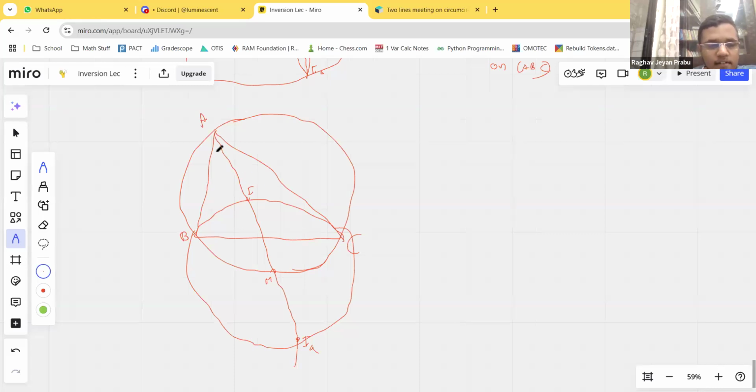So since we are inverting with respect to BIC, A will swap with this point. I'll call this point A dash. And D will swap with T. So essentially this is D dash and this is T dash. Then this point is E. So E essentially becomes X dash and this point is E dash.